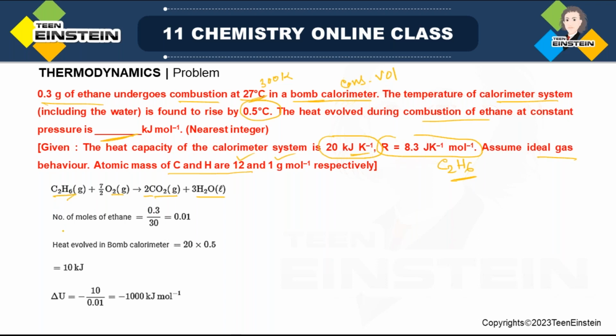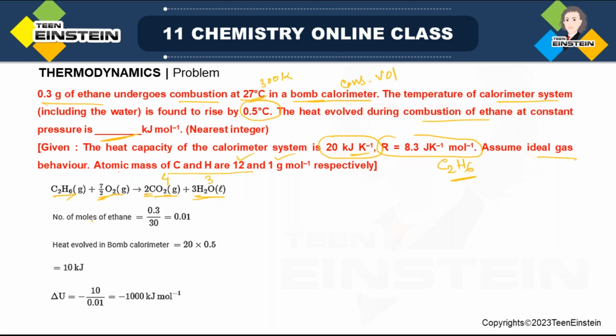As there are 6 hydrogens present in ethane, you have to write 3 H2O. What is the total amount of oxygen atoms? See, 2, 2, that means 4. Here it is 3, that means 3. So 3 plus 4, it is 7 oxygen atoms. So if you want to balance it, you have to multiply O2 with a coefficient of 7 by 2, because the 2 will cancel. Ultimately, it is 7 oxygen atoms on both sides.